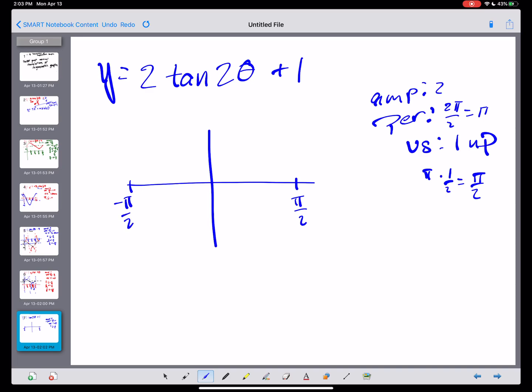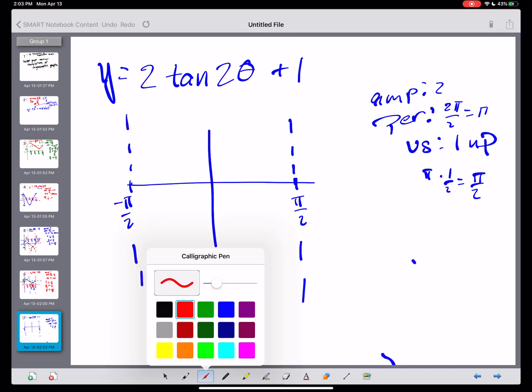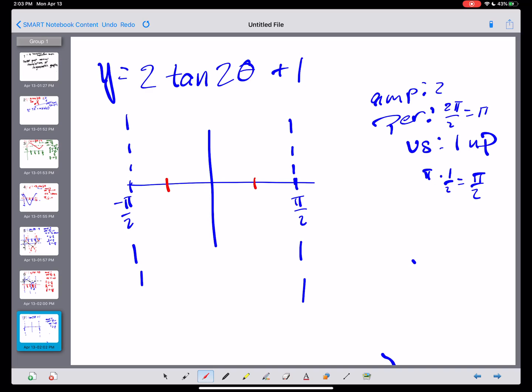And remember, these are going to be your vertical asymptotes automatically. To find the inner points, these red ones right here that I just drew in the middle of them, I'm going to take pi over 2 and multiply that by 1/2 again. So that's pi over 4. From there, my vertical shift is 1, so I'm going to draw a midline at 1.